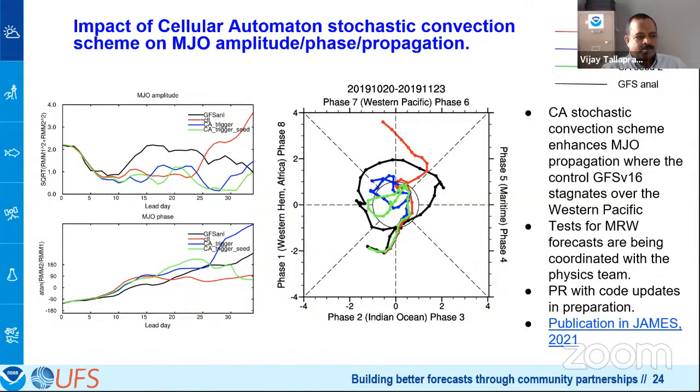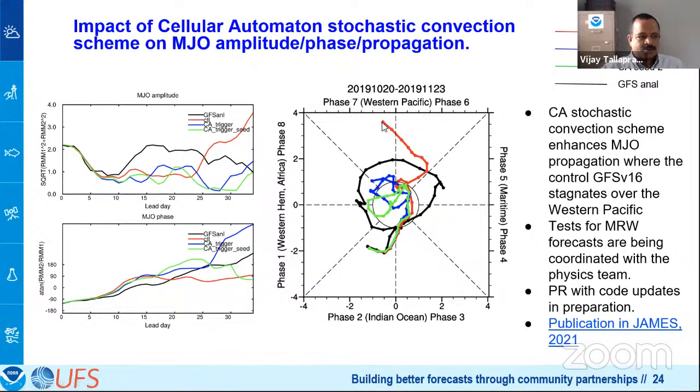Moving on to impact of the new stochastic physics. This is a cellular automata-based convection scheme. This has been extensively tested and shown that for MJO propagation, both amplitude and phase along with propagation is better captured with the cellular automata-based convection scheme.